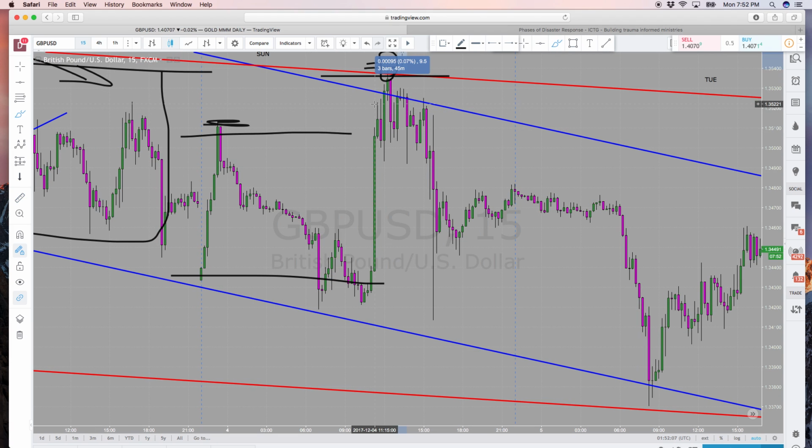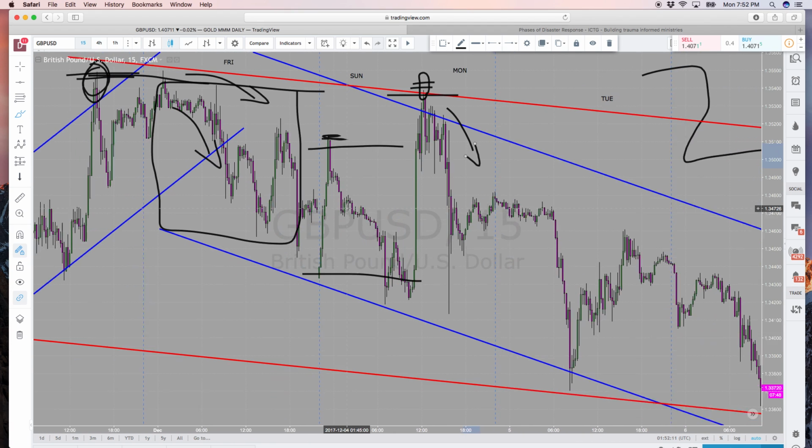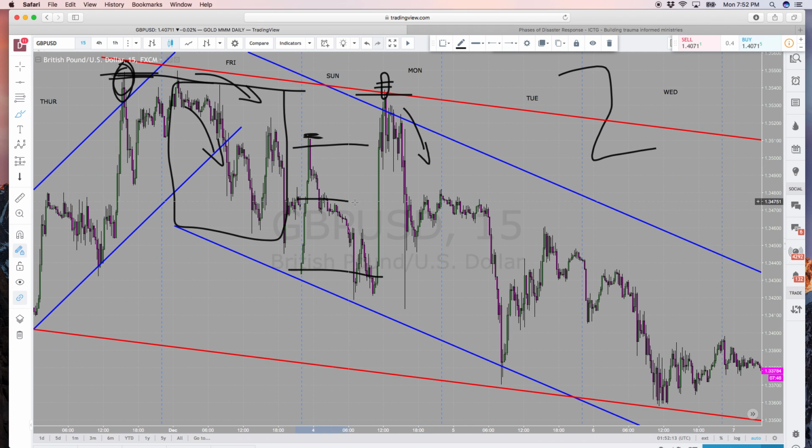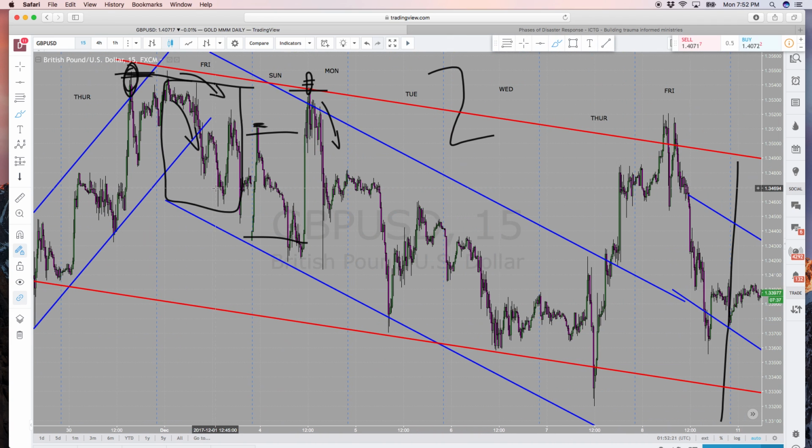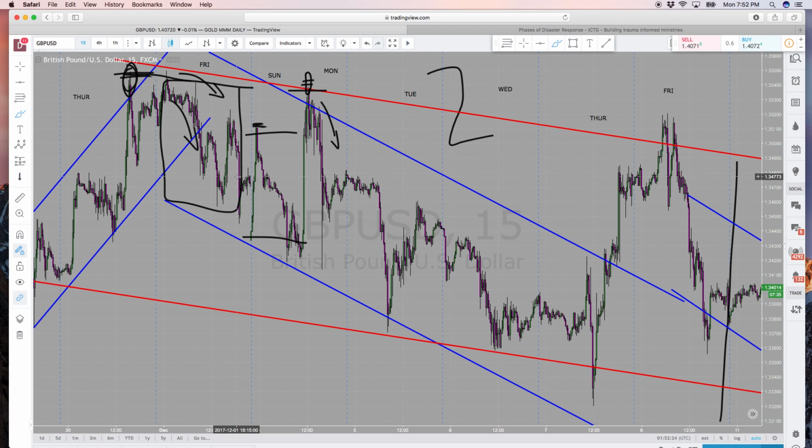Then the market reverses. Now, what do we have here? This is that whipsaw formation that we talk about all the time. And that's how the trend is created in this example.